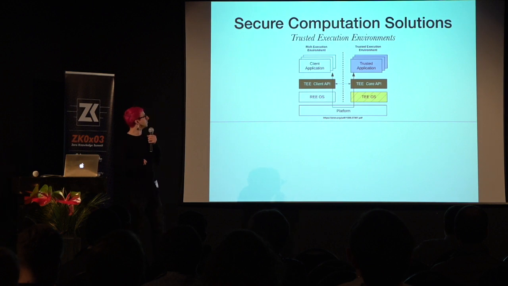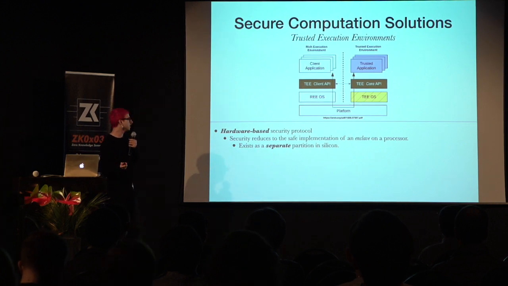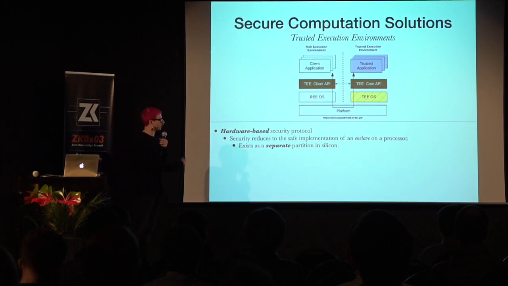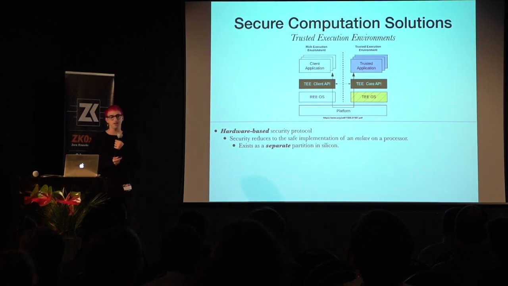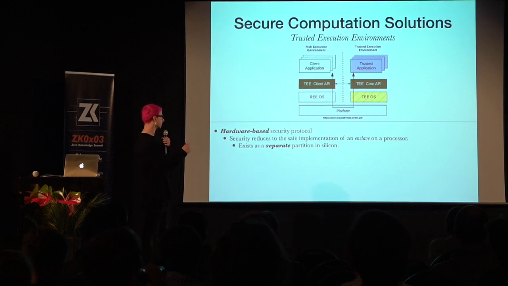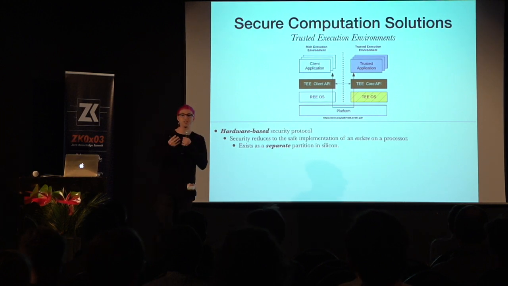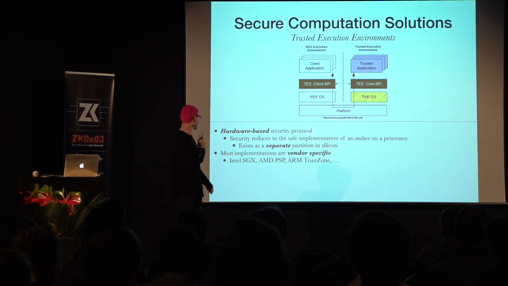In a trusted execution environment situation, there exists hardware. It's a hardware-based security protocol, which essentially means that the security reduces to the safe implementation of an enclave, a specific dedicated part of a processor. It literally exists as just a separate, in quotes, secure partition in silicon.